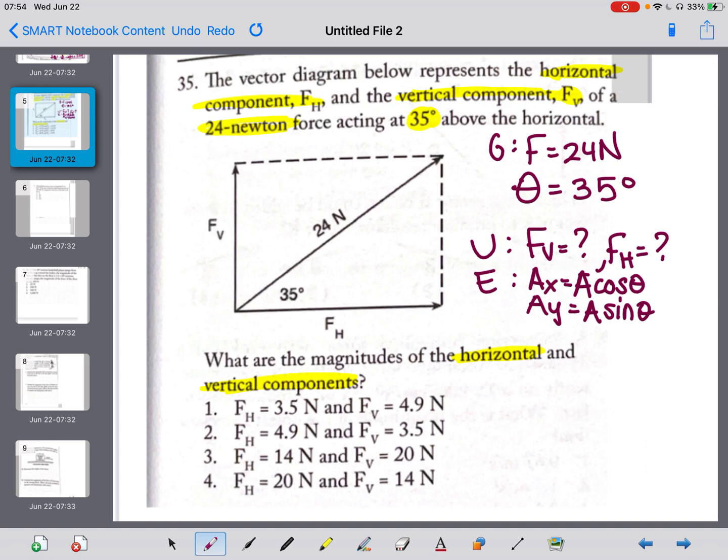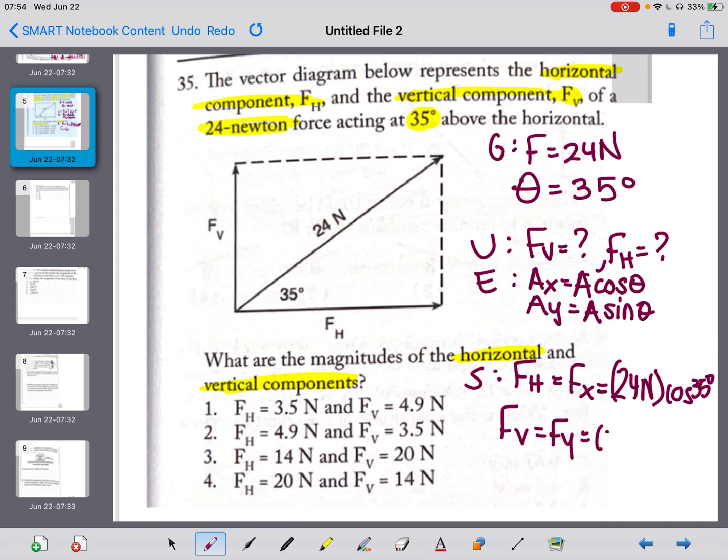So let's start substituting. I'm going to name mine FH to stay consistent with the problem. Remember, that's the same thing as F of X. So I have 24 Newtons times the cosine of 35 degrees. Likewise, FV equals FY, and that's 24 Newtons times the sine of 35 degrees.